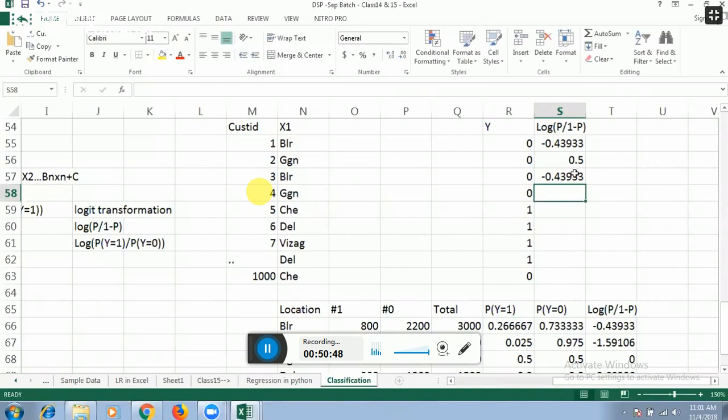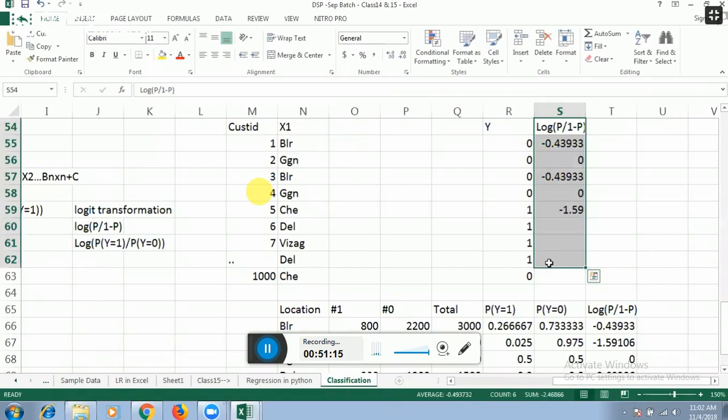Oh, sorry. So wherever Chennai is there, minus 1.59 something. Like this, I can replace this value. Suppose if I have two combinations, one is location and one is age, then for those two combinations, what is the log odds? So that is your dependent variable, it will be calculated behind the scenes.